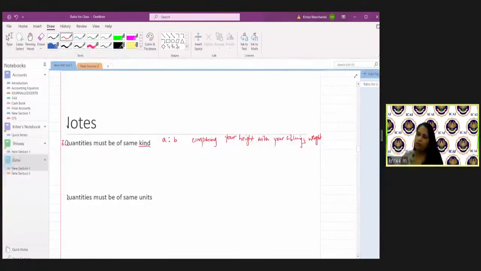Of course, there's no logic in it. That entire ratio or comparison is wrong, nullified. You cannot compare two quantities which are not of the same type.